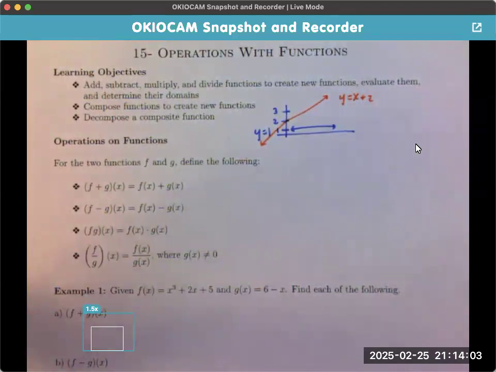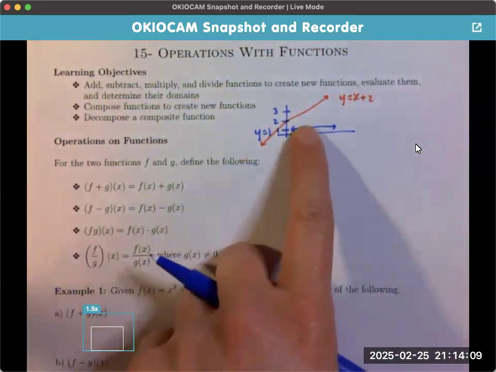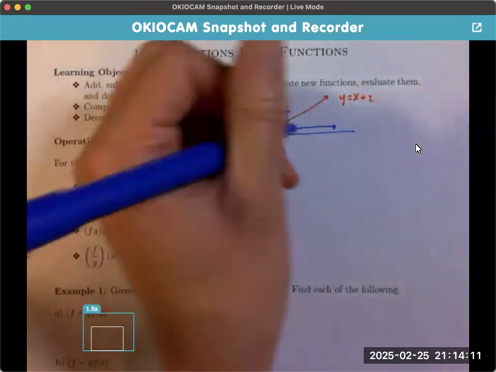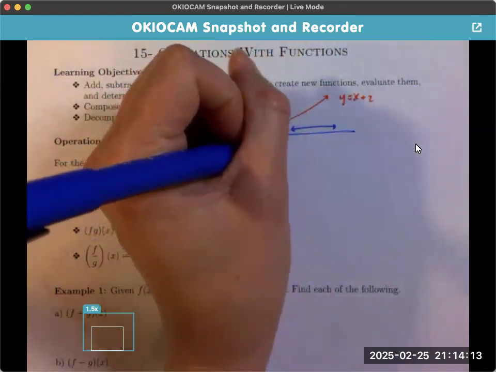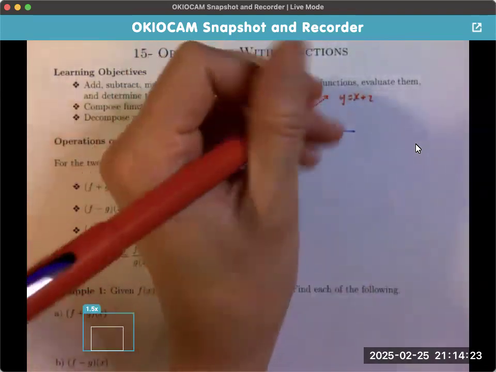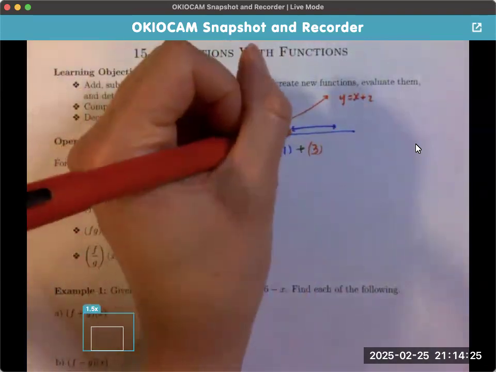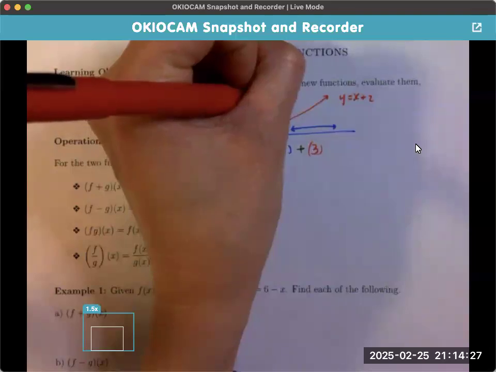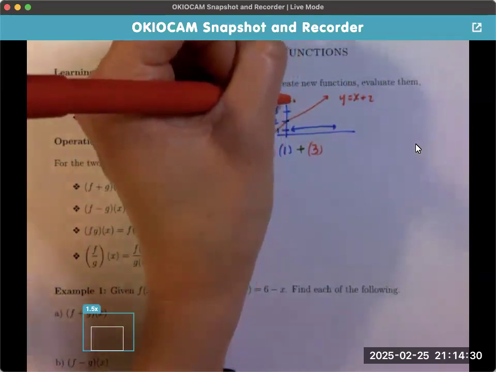I'm all for that. Then if I add them, subtract them, multiply or divide them, then literally you are just adding. If I were to perform it, this would just be 1 plus 3 to get 4, essentially.